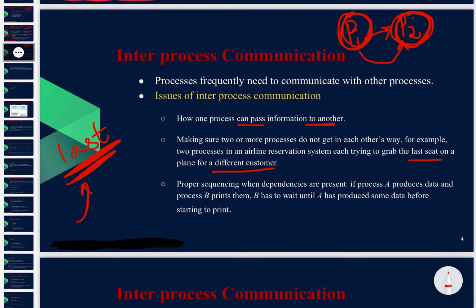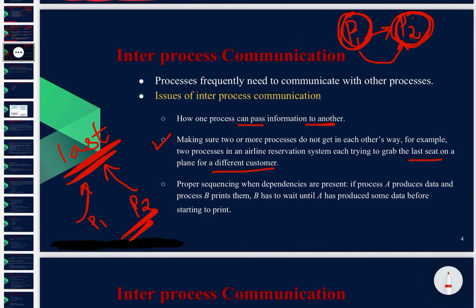If two processes reach that seat at the same time, there will be a problem. So you have to make sure with the help of inter-process communication that two processes do not grab the last seat at the same time, and do not come in each other's way.